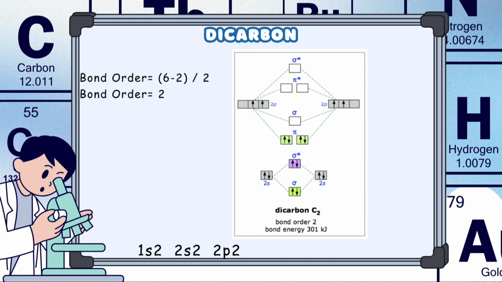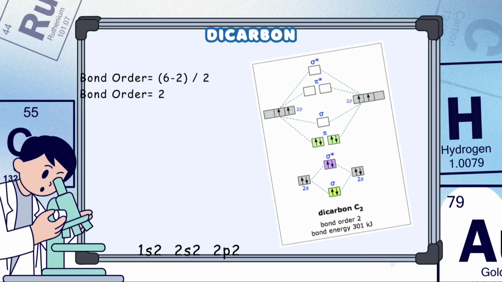We can call dicarbon diamagnetic because it has no unpaired electrons. Basically, all electrons in the bonding are paired, so it is diamagnetic.